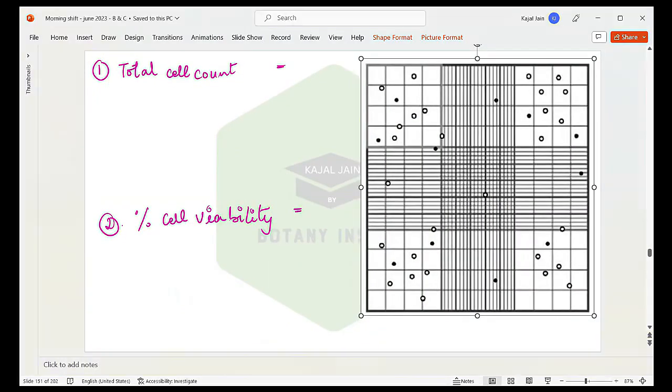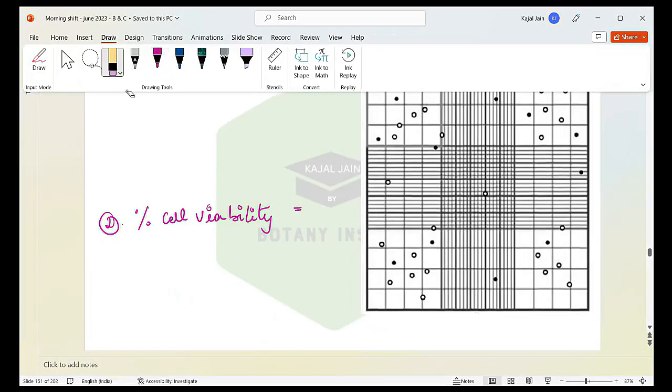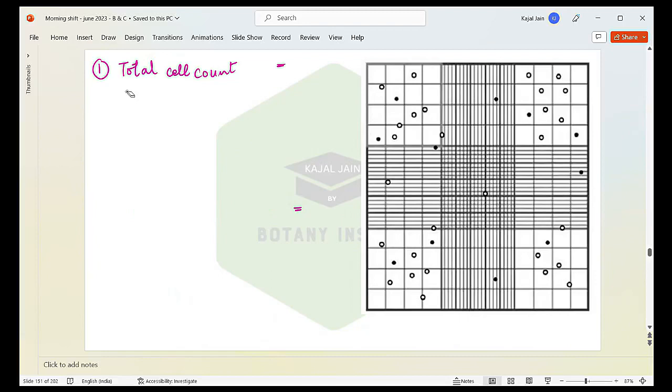Let's do the first part first. The first pointer is that you need to find out the total cell count. For the total cell count, we'll be taking these four corners: this is your first one, this is your second, this is your third, and this is your fourth.